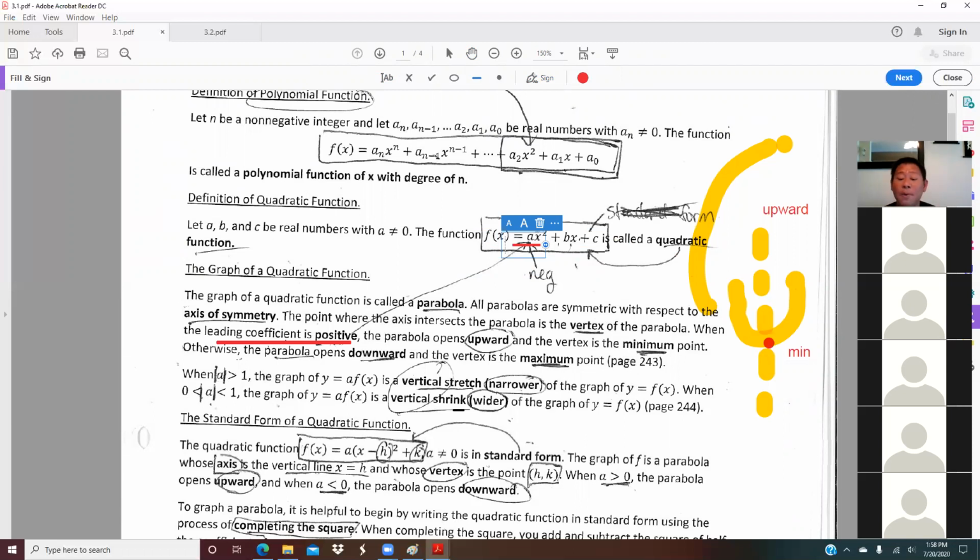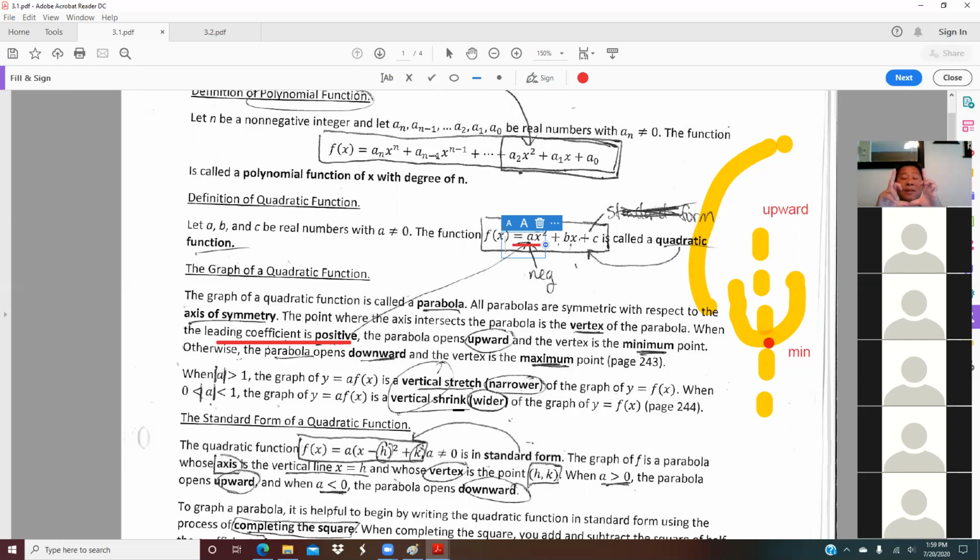So if you have an x squared, it looks something like this, a normal parabola. What happens when you have a 2x squared? Your graph becomes narrower. 3x squared even narrower, 4, 5, 6 even narrower. So in this case, the A in front makes the graph narrow if your A is greater than 1.